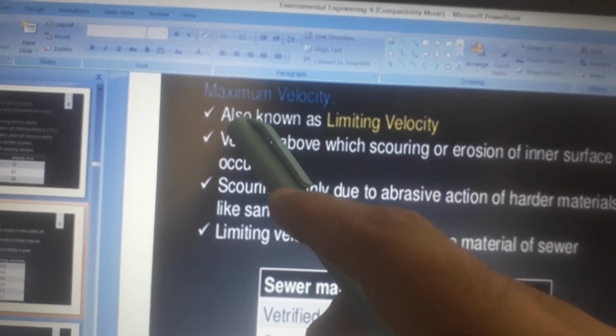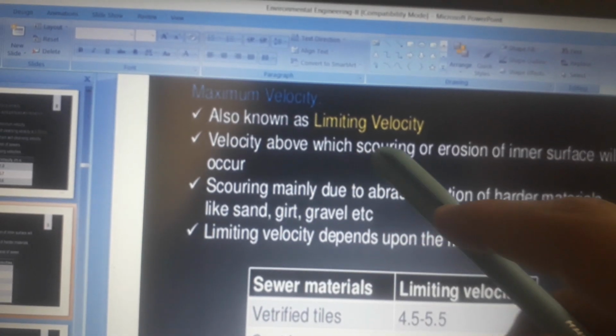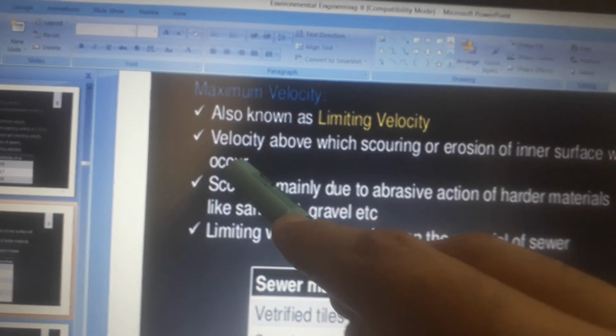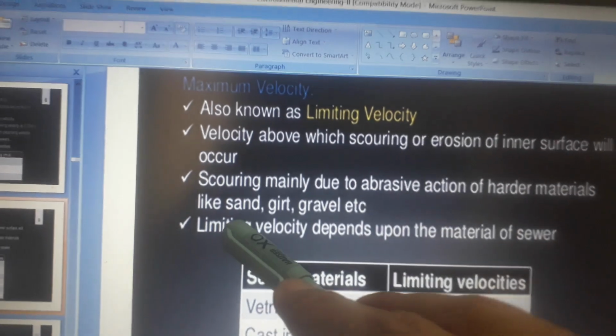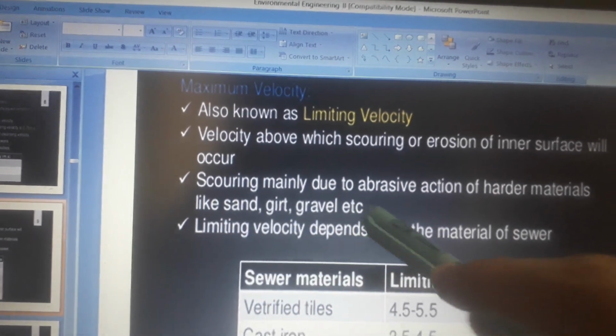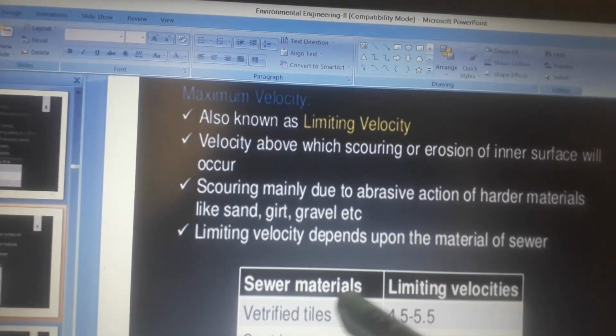Maximum velocity, also known as limiting velocity, is the velocity above which scouring or erosion of the inner surface will occur. Scouring is mainly due to the abrasive action of harder materials like sand, grit, gravel, etc. Limiting velocity depends upon the material of the sewer.